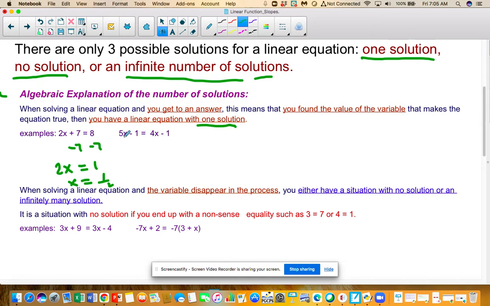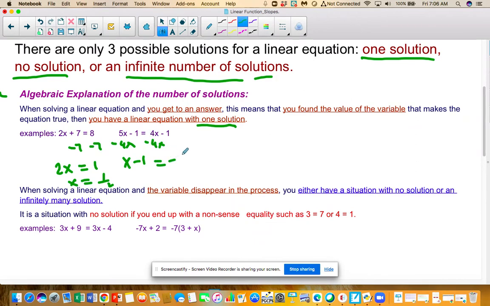Same thing with this one. I suggest that if you have a variable on both sides, and each side is already simplified, you just move the variable to one side. I'm going to get rid of this 4x by subtracting 4x from both sides. So 5x minus 4x, you have 1x, and we don't put the 1. 1x minus 1 on this side, and on the other side, the 4x are gone.